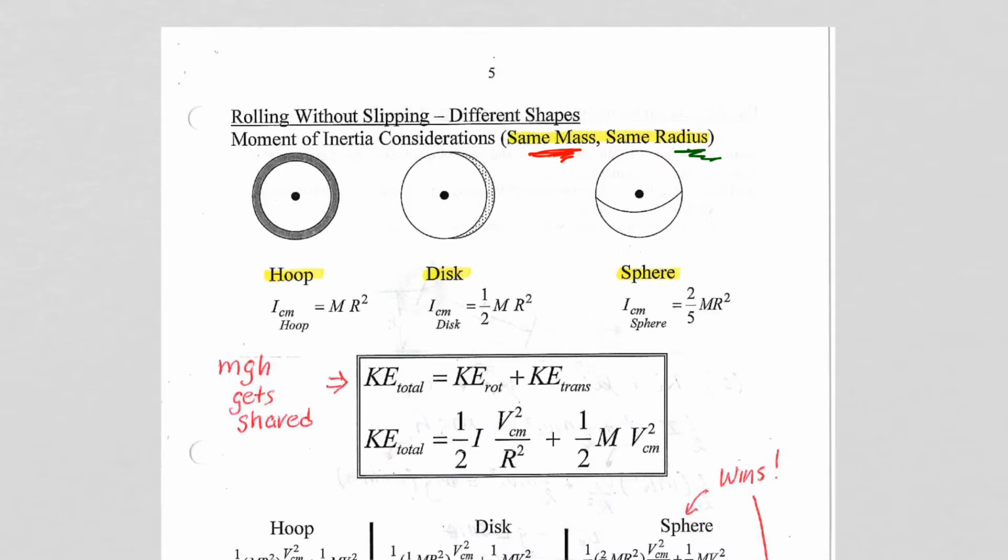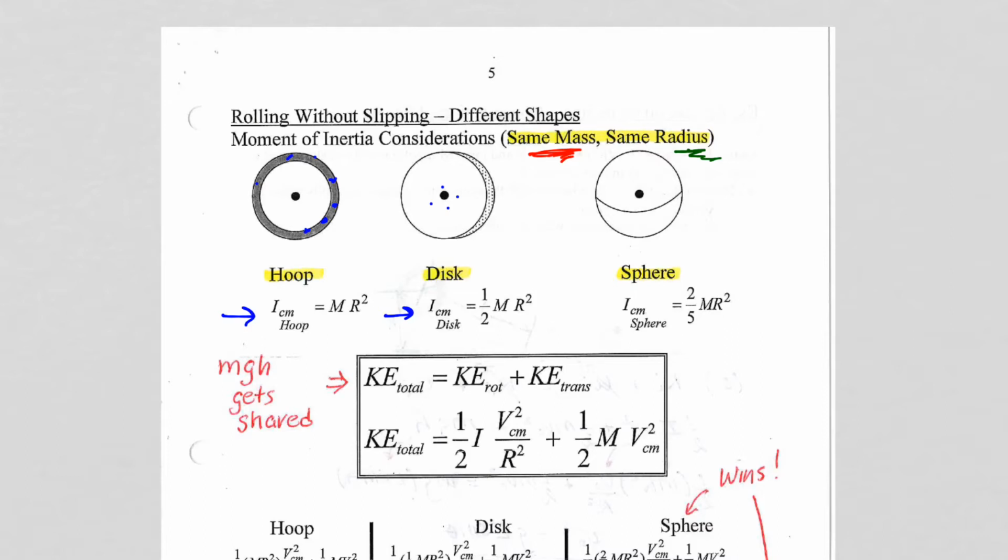The only thing that's different is going to be the distribution of the mass within the object. So the hoop, as we see here, has the largest rotational inertia, mr squared, right? Because most of the mass is as far away from the center point of rotation as it can get. The disk has 1/2 the inertia of the hoop because the mass is closer to the center, and mass closer to the center is easier to rotate in a circle.